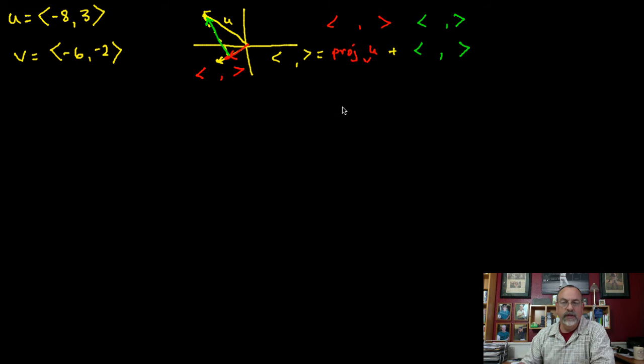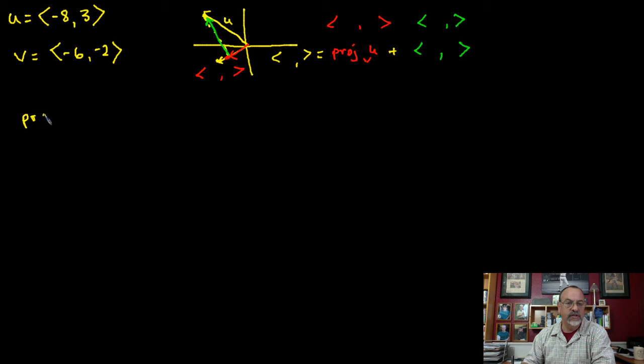Okay? This is called decomposing a vector into its perpendicular components. So this red vector plus this green vector will equal this yellow vector. So what I need to do is to determine the red components, and that is the projection of one vector onto another.